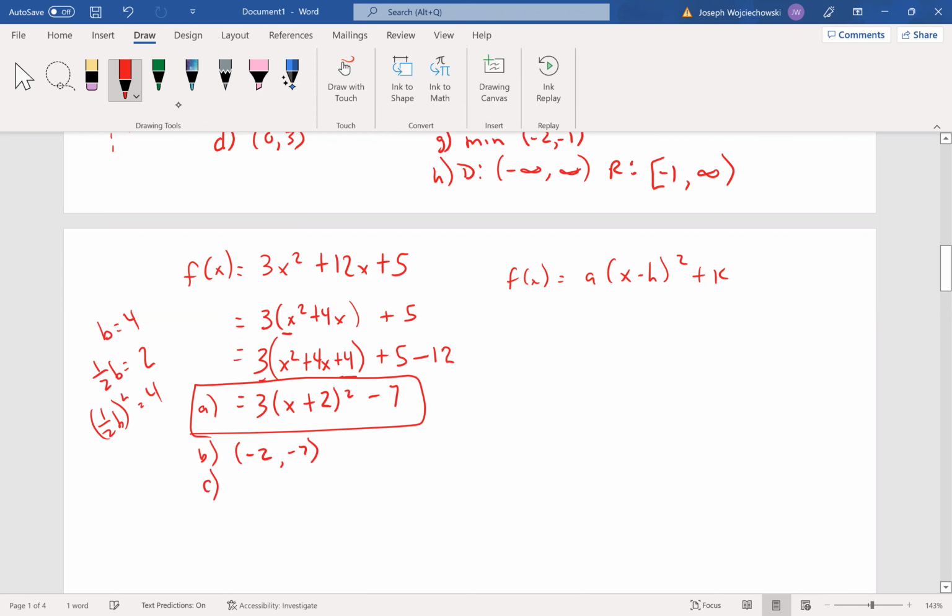Okay, next thing we're going to look at is x-intercepts. So to find our x-intercepts, I'm going to set this whole thing equal to 0. 3 times (x plus 2) squared minus 7 equals 0. So 3 times (x plus 2) squared equals 7.